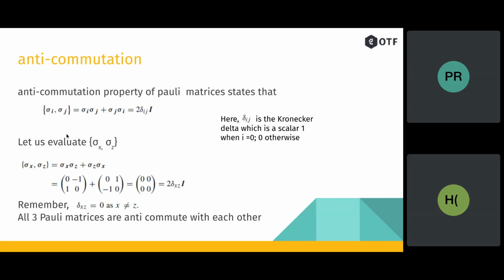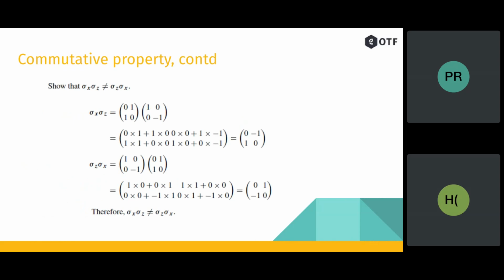So that's why I would say the equation property of anti-commutation, and we are saying that the whole thing is that either you do XZ and prove that they are something different, they are not equal.